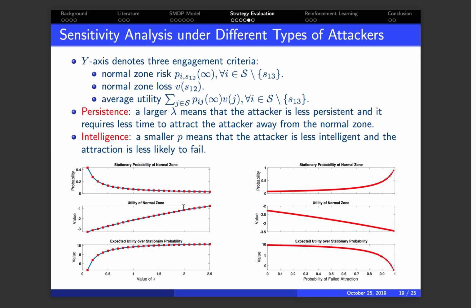On the x-axis, a large lambda means that the attacker is less persistent and they require less time to attract him away from the normal zone. And on the right we investigate intelligence. On the x-axis, a smaller p means the attacker is less intelligent and attraction is less likely to fail.